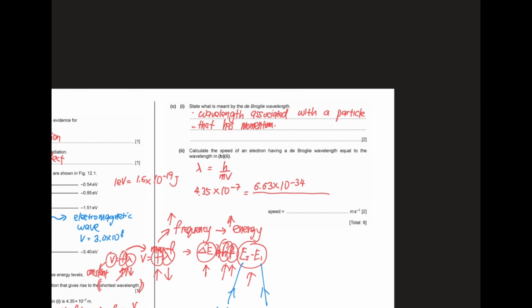The mass is the mass of the electron, 9.11 times 10 to the power of negative 31, times v. Then we have v equals 1.67 times 10 to the power of 3 meter per second. So that is the answer, and we fill it up here. Okay, so this is all about our question.